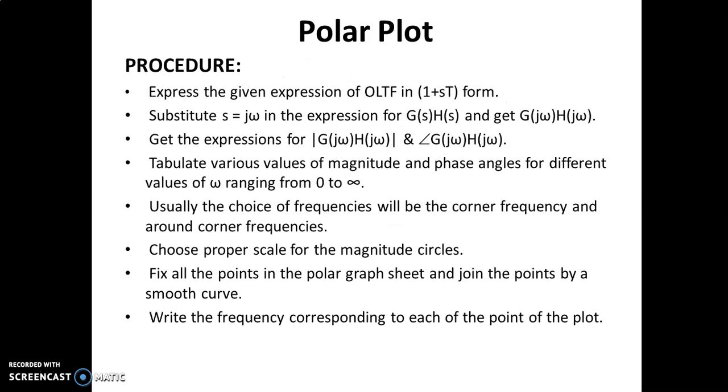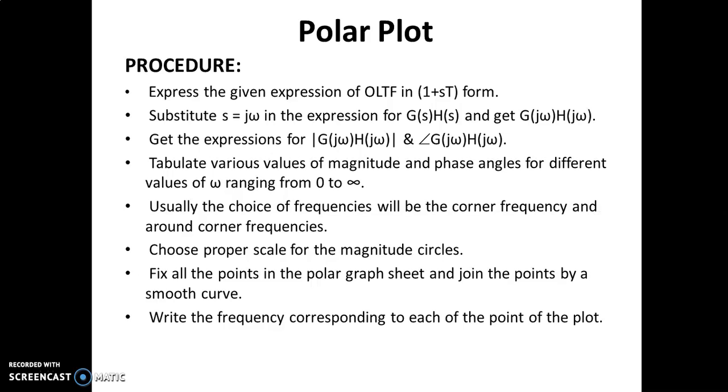The actual procedure for drawing the polar plot: first, we need to express the given open loop transfer function in 1 plus sT form, which is the standard form of the first order. Substitute s equal to jω in the expression for G(s)H(s), and we get G(jω)H(jω) in terms of frequency.